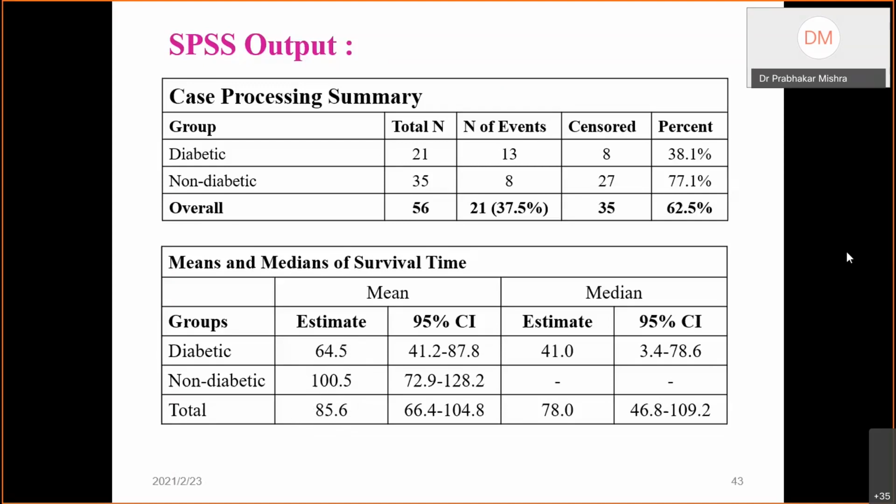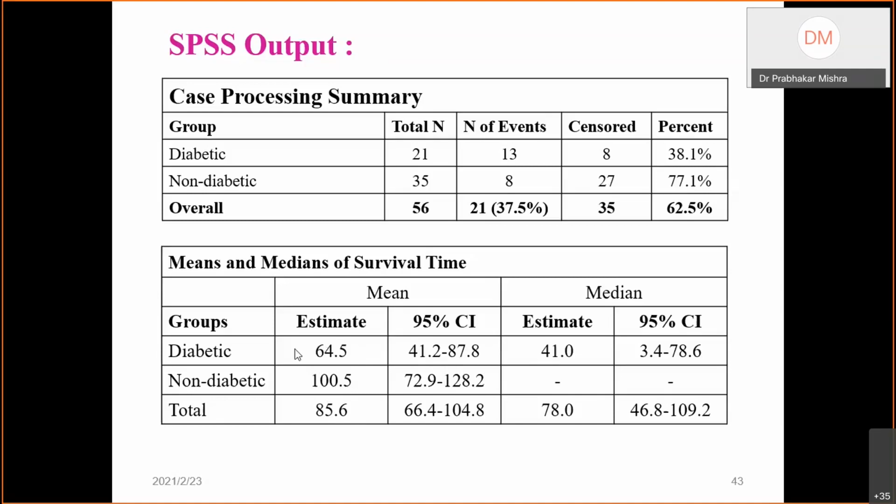Now come here, see, the mean event-free survival time of the diabetic group is 64.5 months. Lower limit is 41 months, upper limit is 87 months. That means although in our study we are getting 64.5 months average event-free survival time, this is the result of one study that we conducted here.